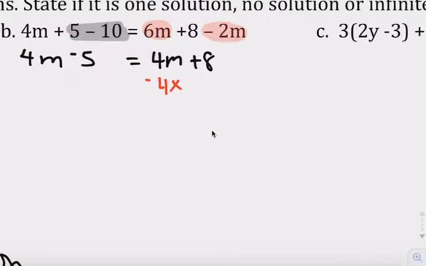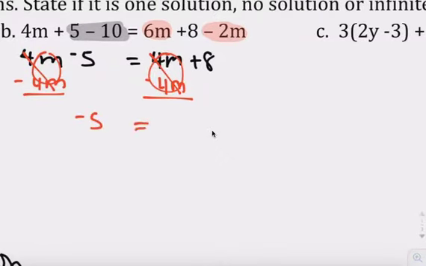If they're the same, it's either infinite or no solution. If the coefficient is the same, 0 minus 5 is negative 5, 0 plus 8 is a positive 8, no solution.